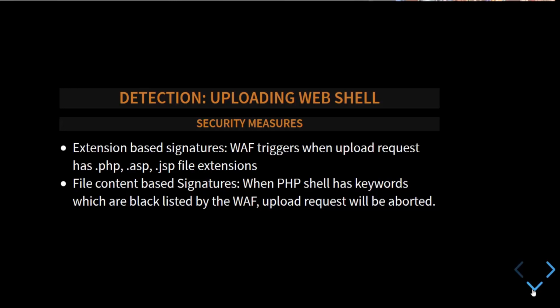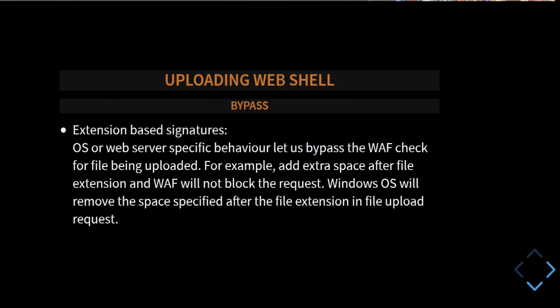So let's discuss how to bypass. For scenario 1, we can try tricks which are OS or web server specific. For example, if we have an extra space in the file extension, the WAF will not block the request, but Windows OS has very specific behavior for this.